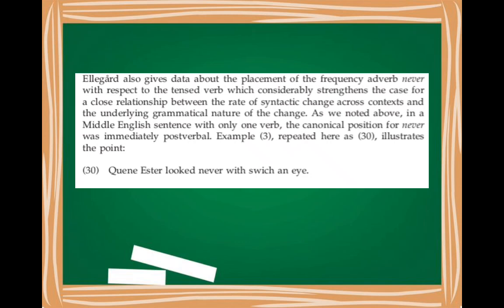As we noted above, in a Middle English sentence with only one verb, the canonical position for never was immediately post-verbal. Example number 3, repeated here as number 30, illustrates the point. In 30, "Queen Esther look never with swich an eye."